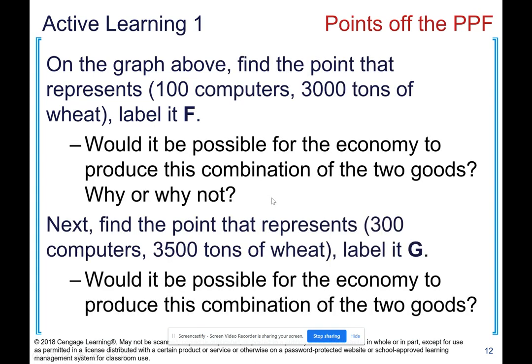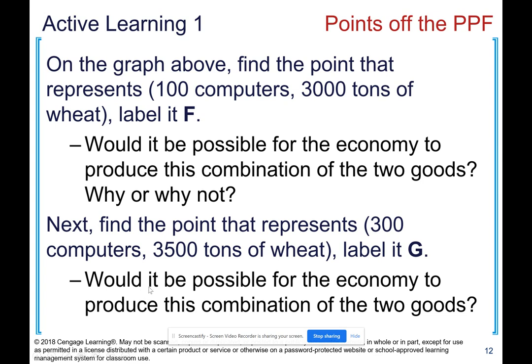On the graph above, find the points that represent 100 computers and 3,000 tons of wheat and label it F. Would it be possible for the economy to produce this combination of the two goods? Why or why not? Then next, find points that represent 300 computers and 3,500 tons of wheat.